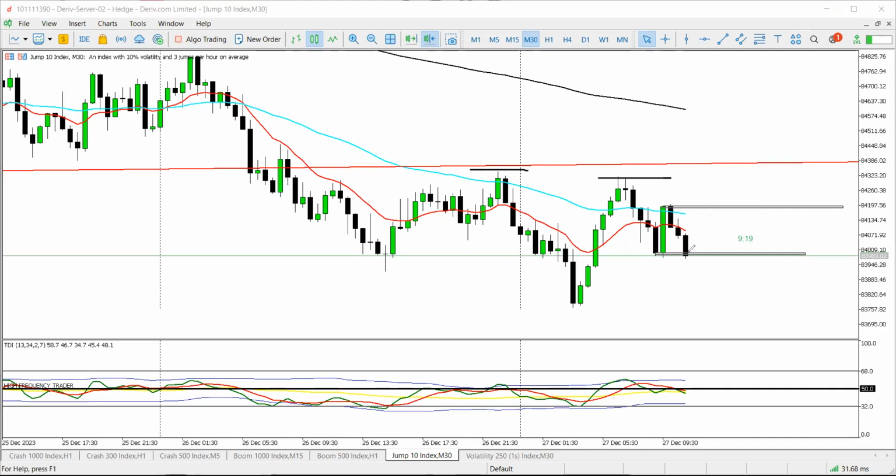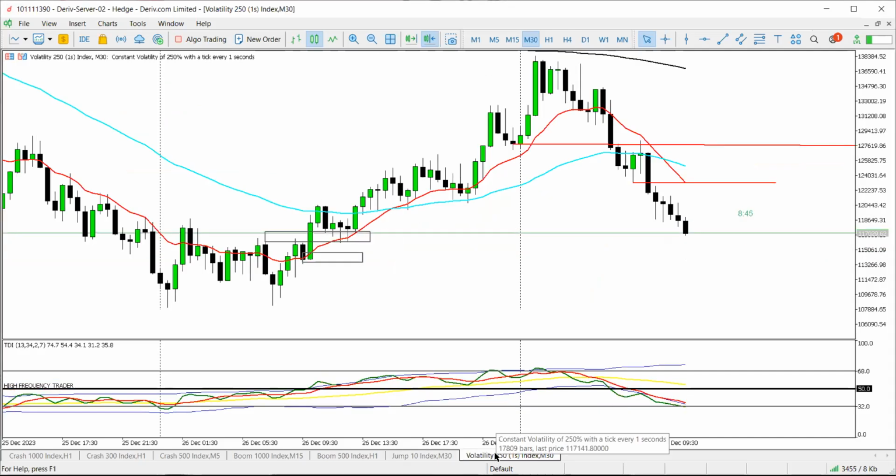I would honestly love to see this price come up here before selling. So I wouldn't want to sell right now. Yeah, J10, I would personally love to wait and see price taking out these highs here, especially today's highs. If we come around today's highs and we take the price out, then we create a pattern, then I'll take it. So this is probably a trade for later on, probably in the evening.